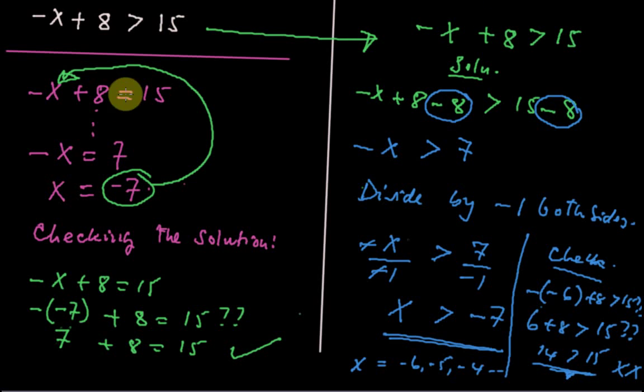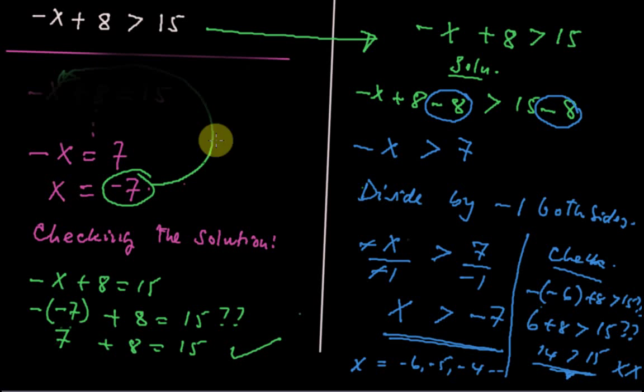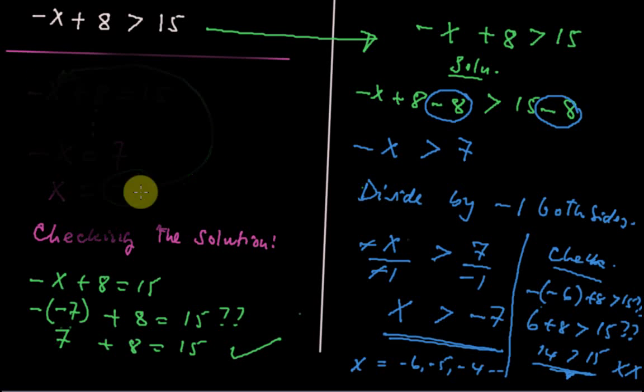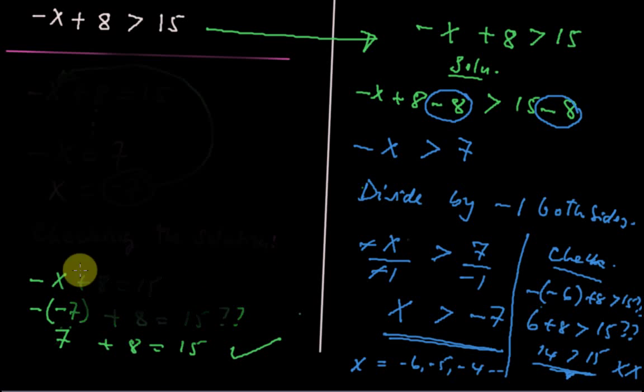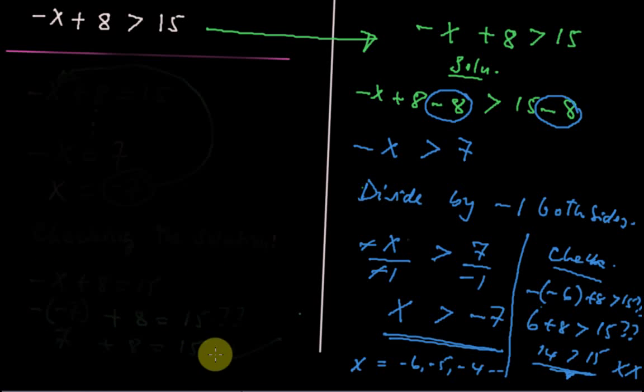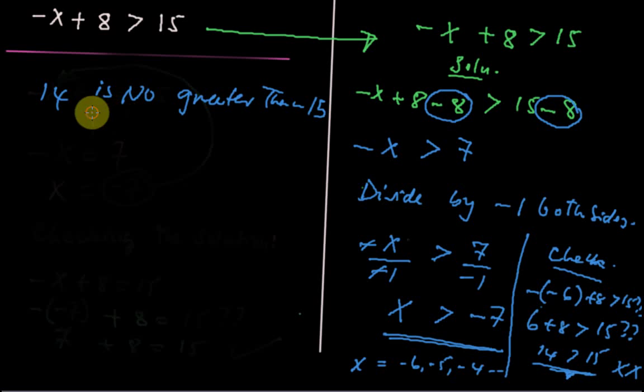Okay, so we go back there, that this is not. You see that. Then 14 is not greater than 15. 14 is not greater than 15.